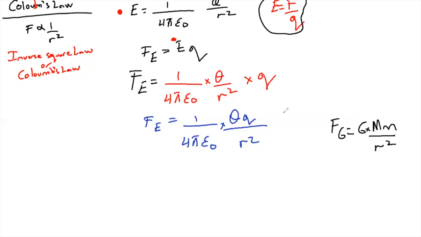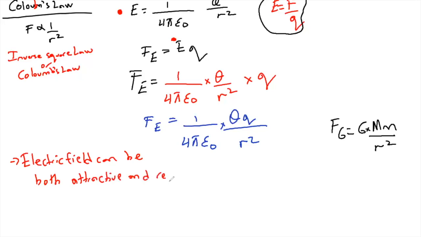Doesn't this kind of look similar right here? Force between two charges, force between two masses divided by the square of their separation? Exactly. Both of these are very similar. So yeah, just a little fun fact. But electric field can be both attractive and repulsive.